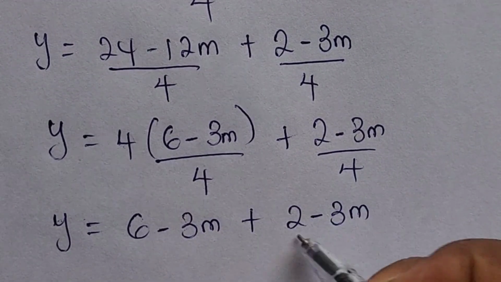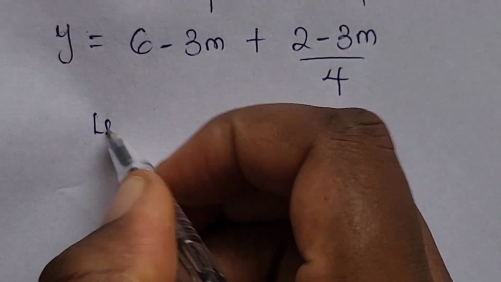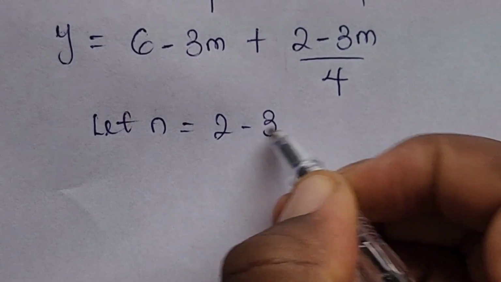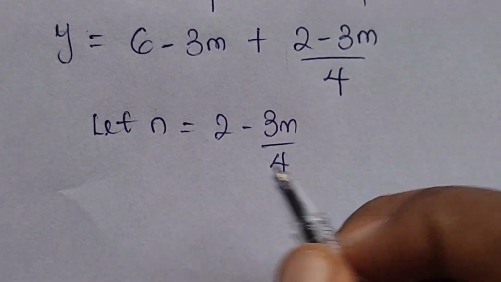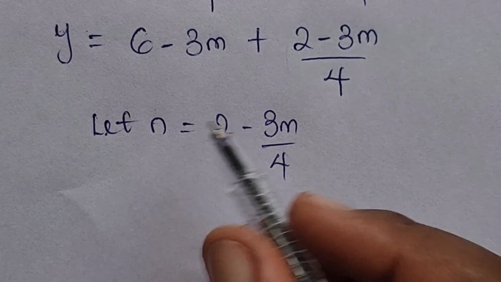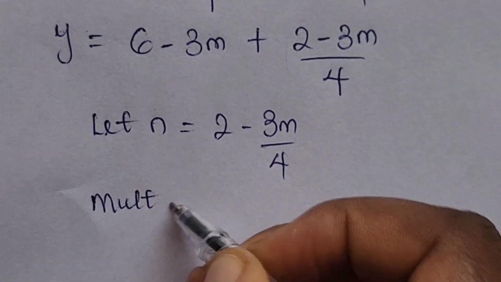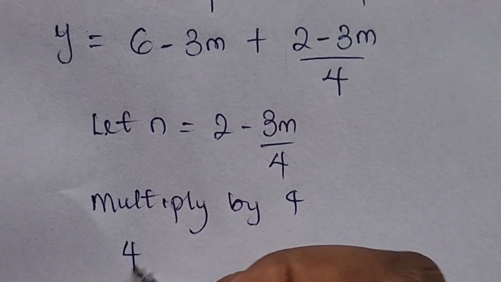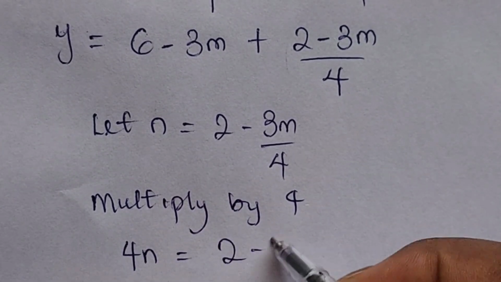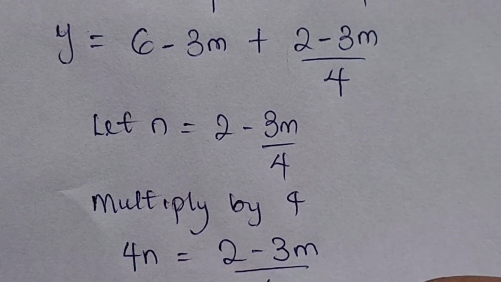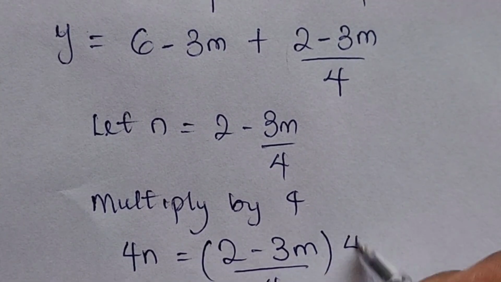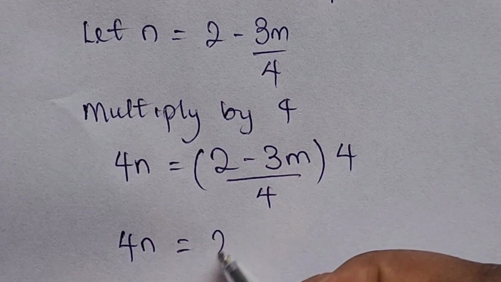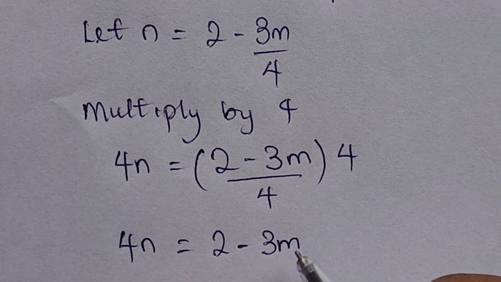So let n be equal to this fraction here, which is 2 minus 3m over 4. So from here we can multiply both sides to have 4n is equal to 2 minus 3m over 4 times 4. So we have that 4n is equal to 2 minus 3m.